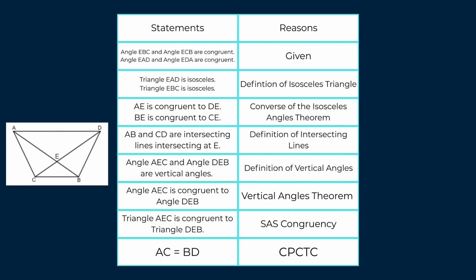Meaning, if we look at all of the corresponding parts, we can see that AC is in fact a corresponding part of BD, meaning corresponding parts of congruent triangles are congruent. AC is congruent to BD, and the lengths are equal. So AC is equal to BD.